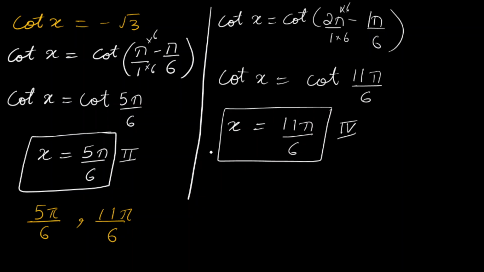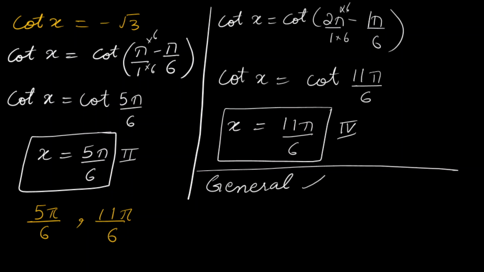Okay, now let's find the general solution. Tan and cot's formula is the same. So this is n pi plus x, or the angle. The angle which we found for the second quadrant, that angle we have to use.